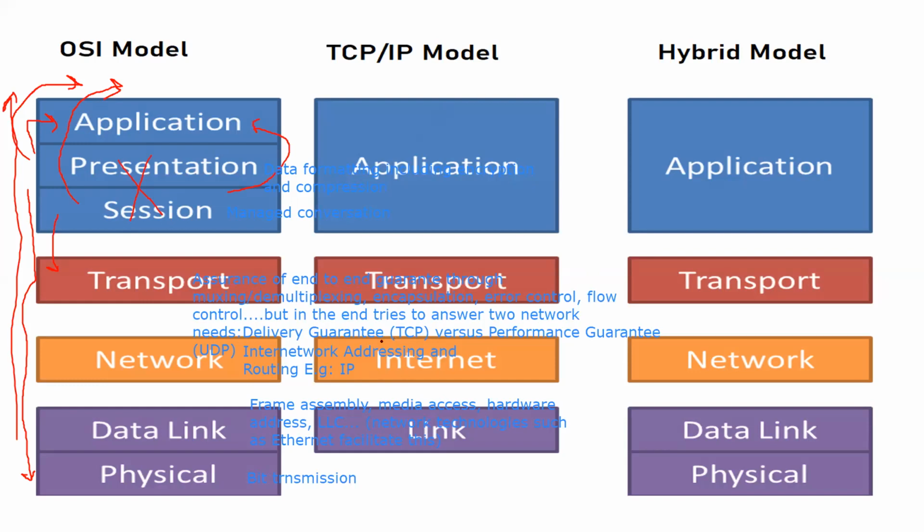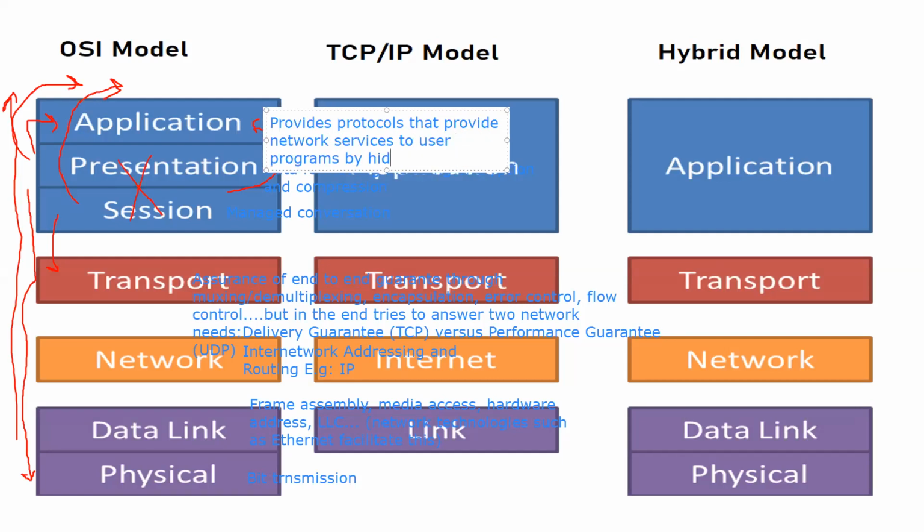Okay. Therefore, what is happening at the application layer? Let's give that definition. Okay. Here it provides protocols that provide network services to user programs by hiding lower layer complexities.